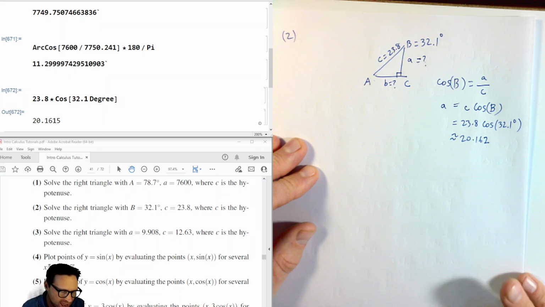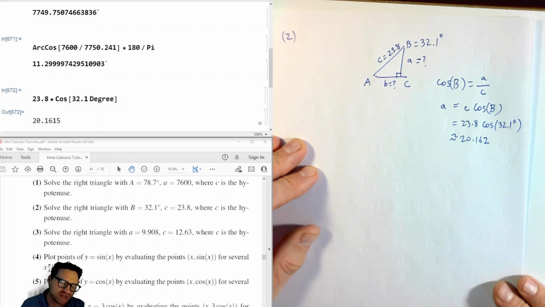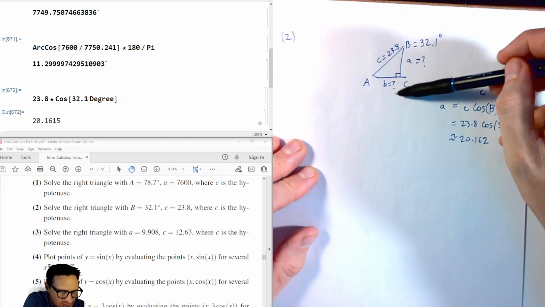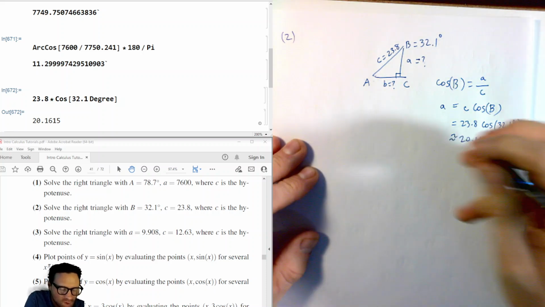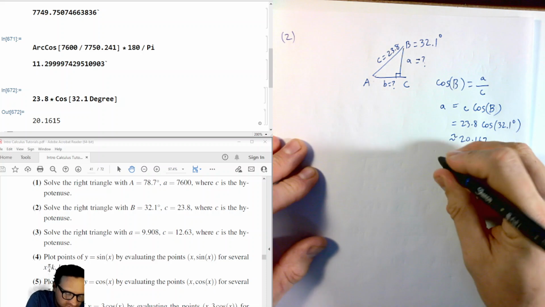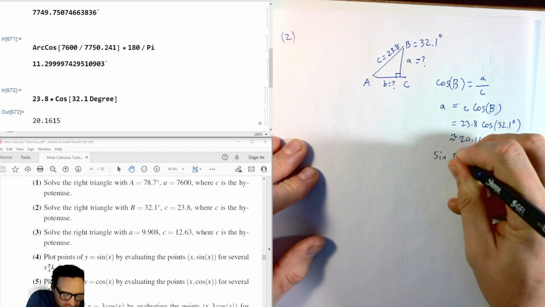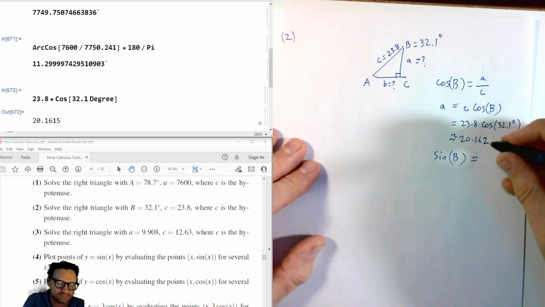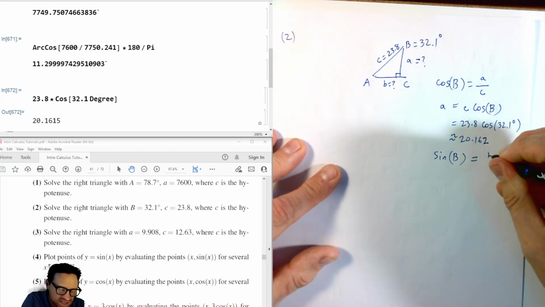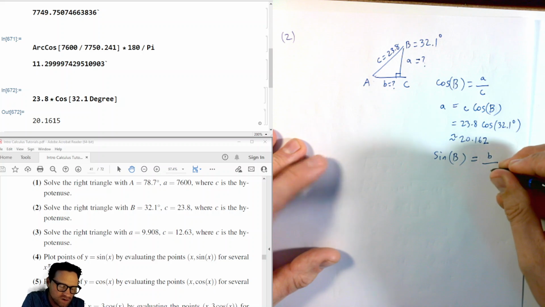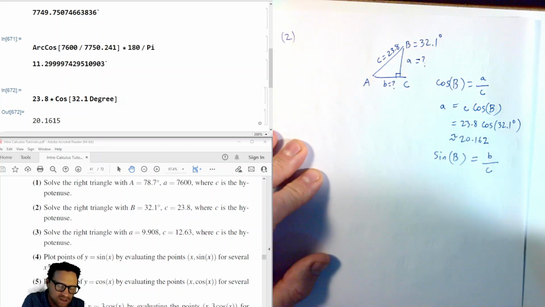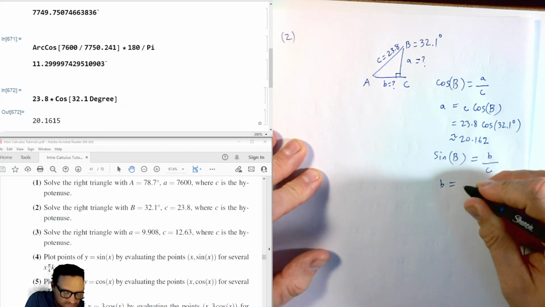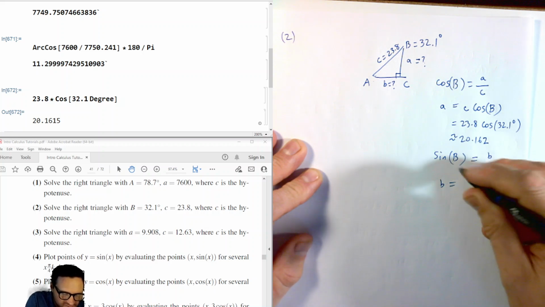Okay, so now that we have that, I can do almost the same using the sine, or I could use Pythagoras' theorem. But here, let's just use sine of B is equal to opposite over hypotenuse. And so now lowercase b is equal to c sine of b.